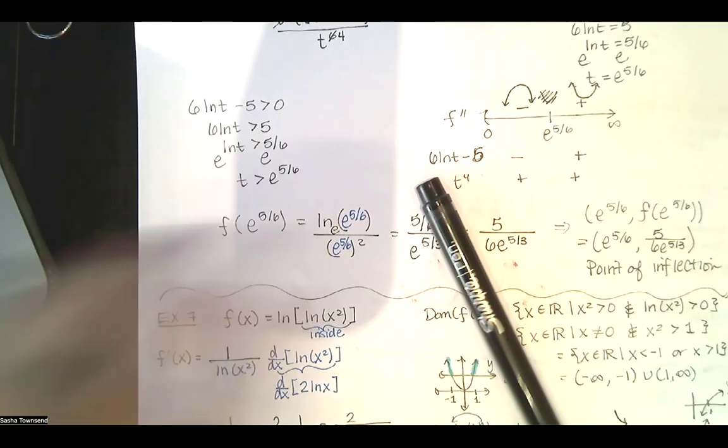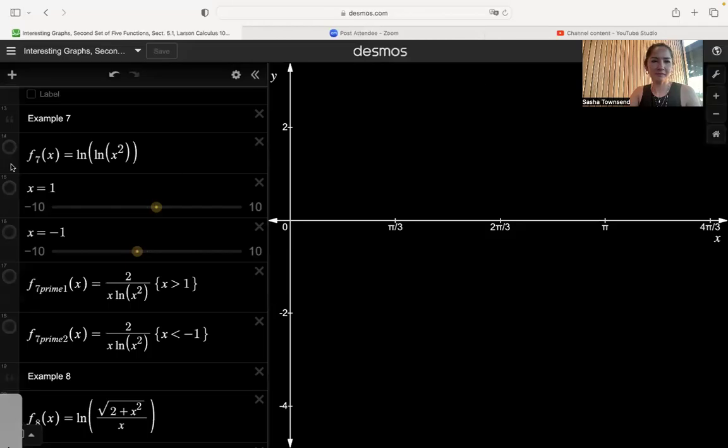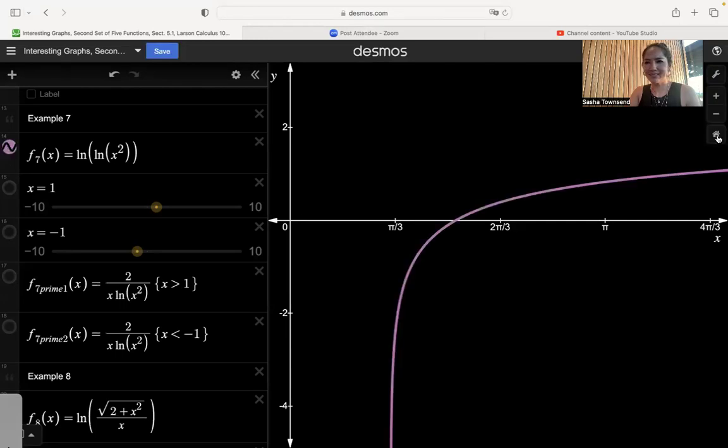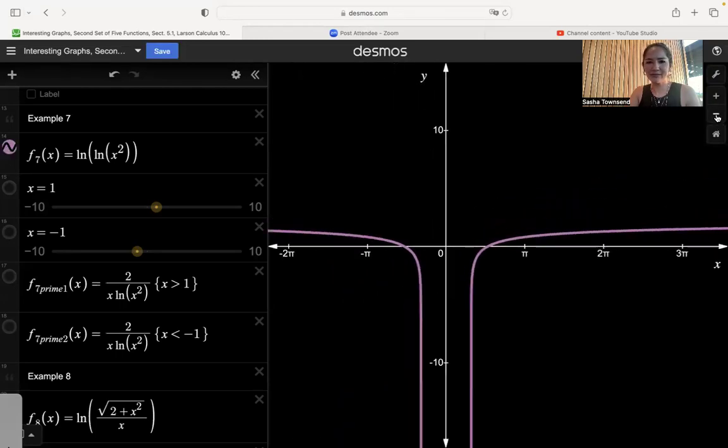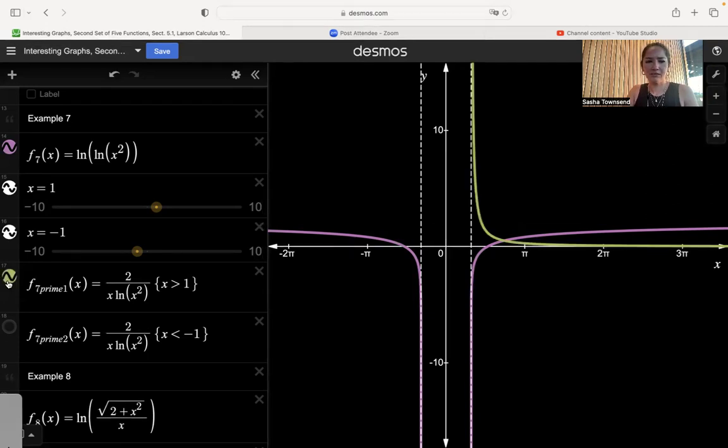And I'm focused on that function there. So there's our graph. All right, we see something that looks a little bit like a logarithm. It's got that sort of logarithmic shape. It's a little bit steeper than I might expect here. We've got vertical asymptotes at x equals ±1. And then our first derivative is 2 divided by x times the natural log of x squared.